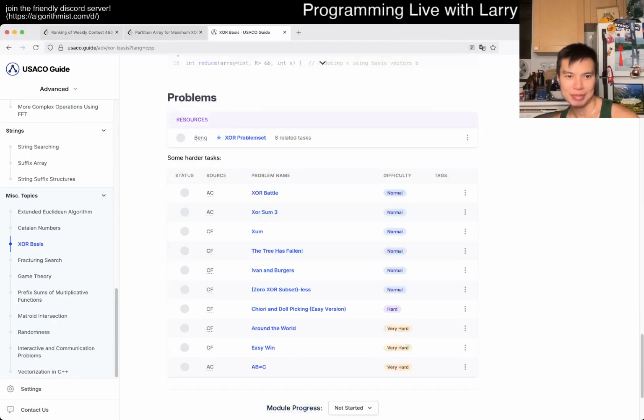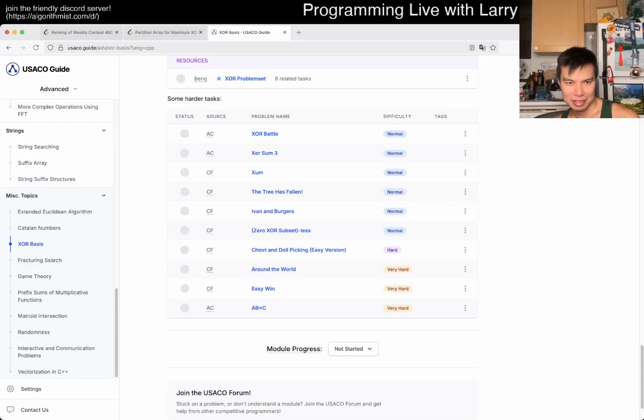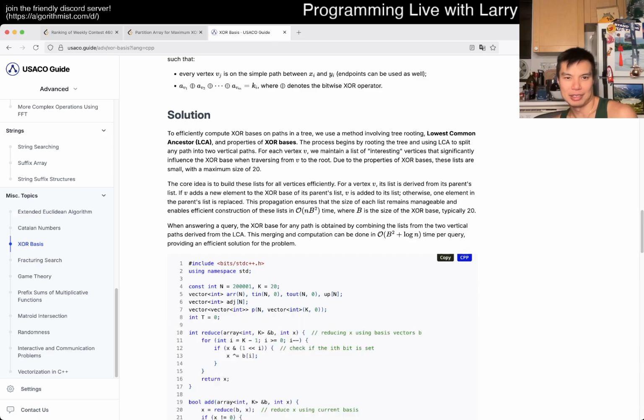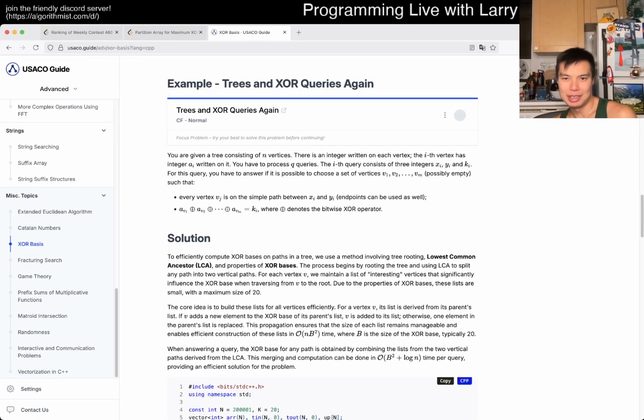Oh, there are a lot of problems. Easy win is very hard, for example. I guess people just have done these problems. I mean, there's all these, but again, kind of useless. Leetcode is not problem solving anymore, it's just trivia.